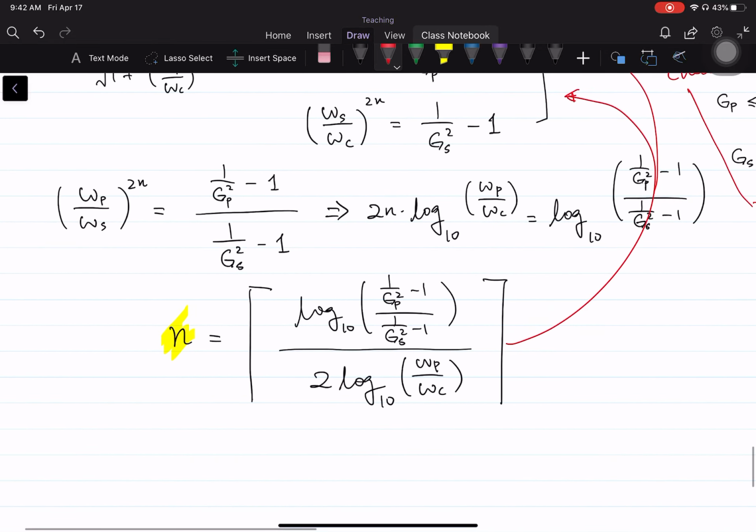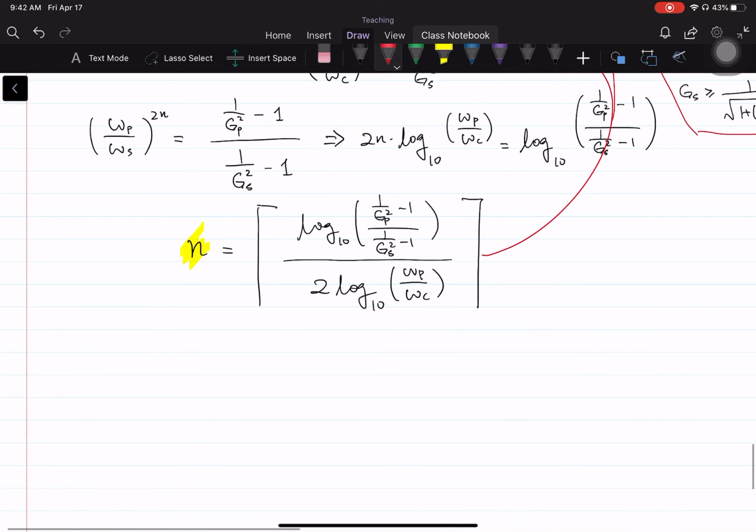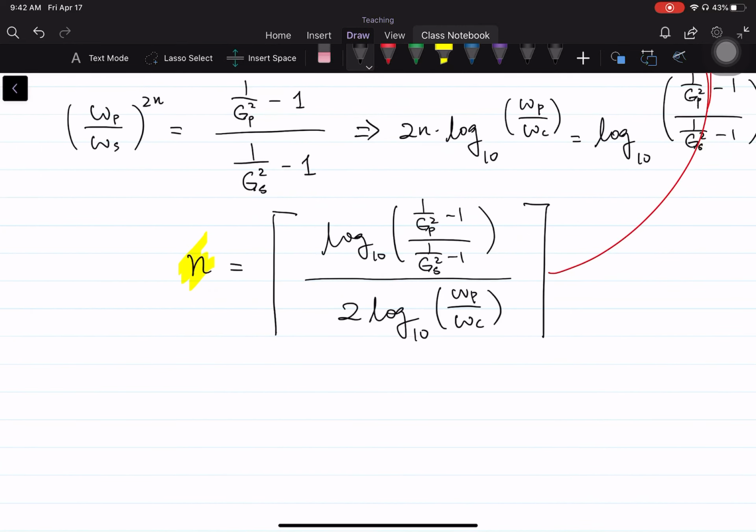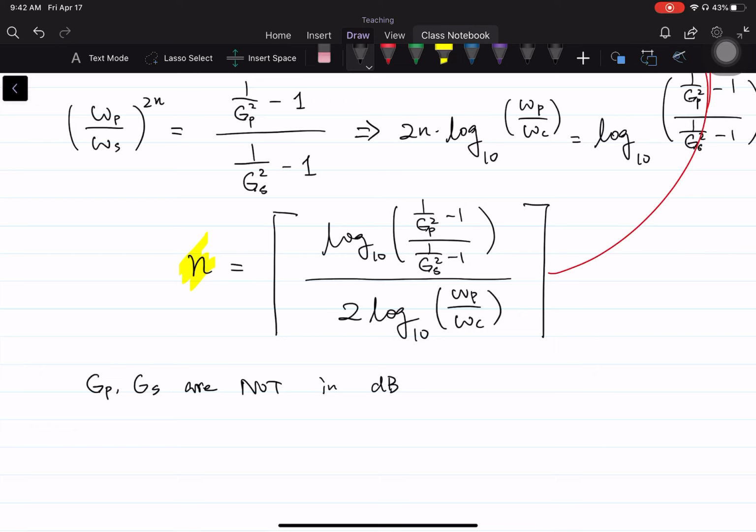What I want to bring to our attention is that when we do the calculation, g sub p and g sub s are just the magnitudes themselves, like 0.95, 0.05, and so on. They are not in decibels. We didn't give g sub p and g sub s in dB in this calculation.